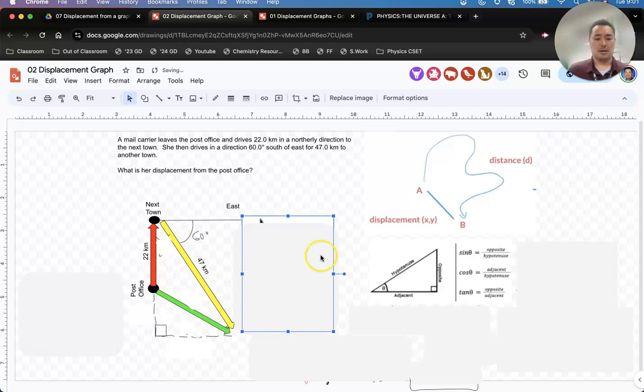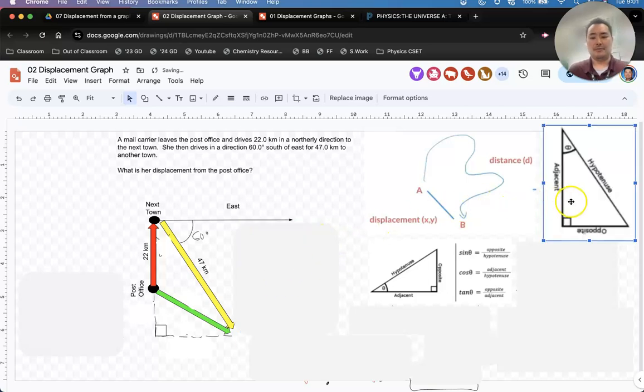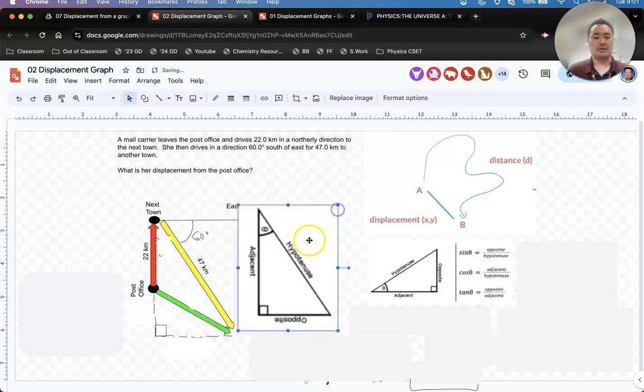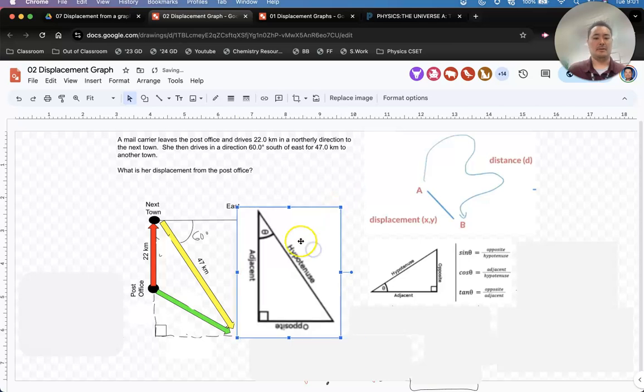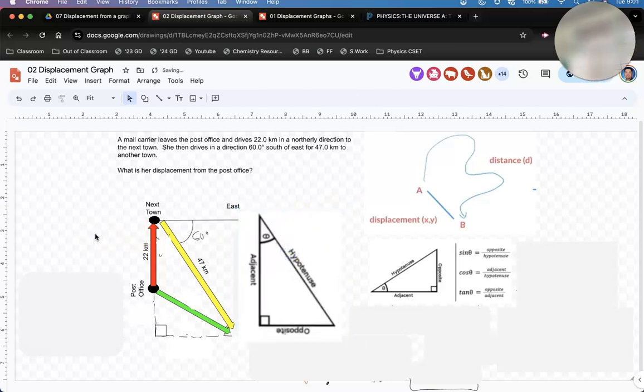When we solve this problem, I want you to think of this triangle side by side. We've got a hypotenuse of 47. We have an angle that we can solve easily. What's the angle between the red and yellow, class? 30.